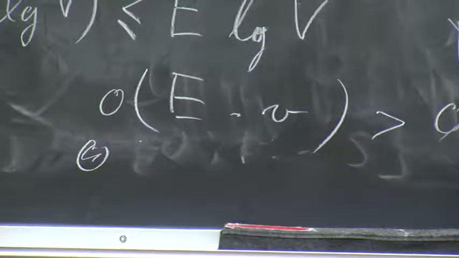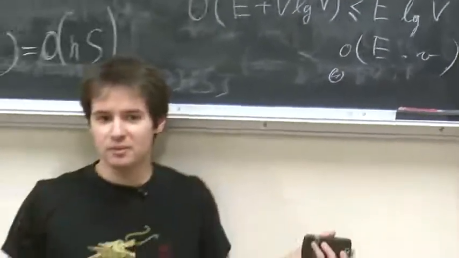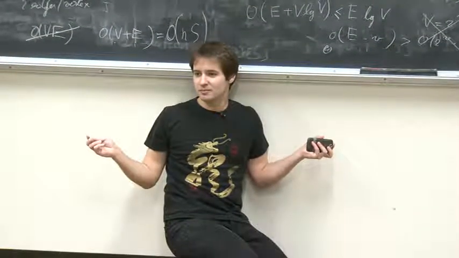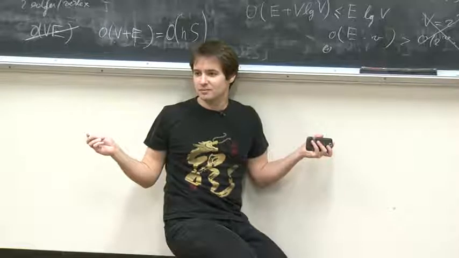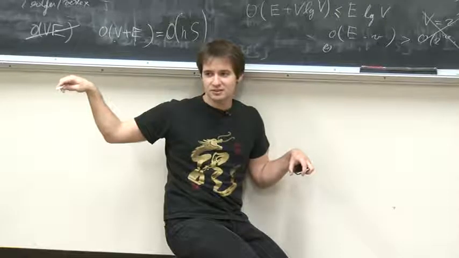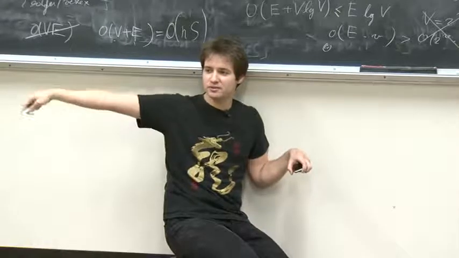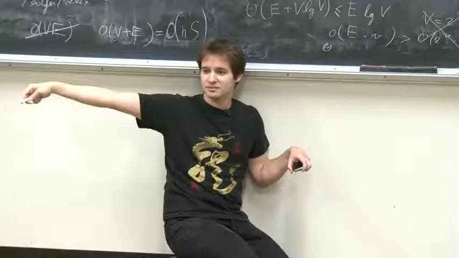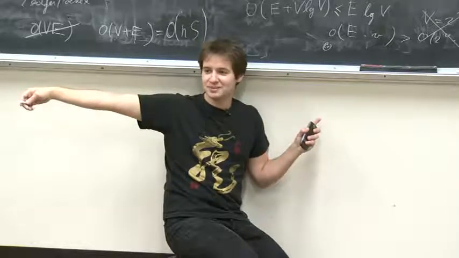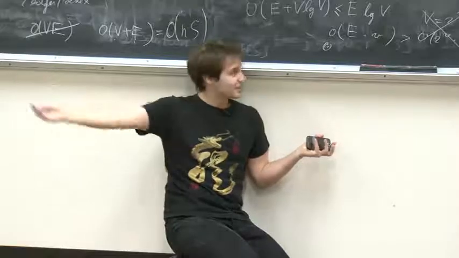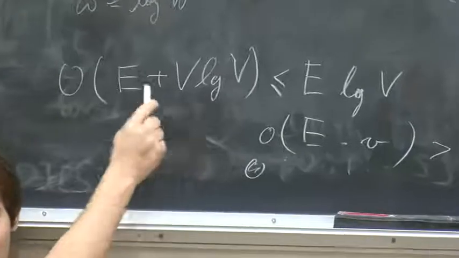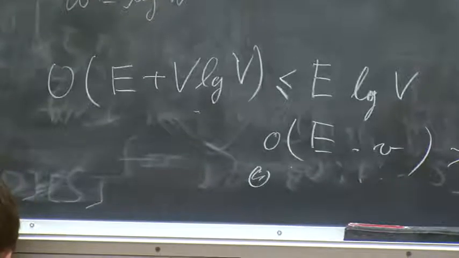What if you double the size of the weight numbers, moving from 32-bit weights to 64-bit weights? Well, that's still a constant factor, right? So what happens to the running time? Nothing. W does not show up in Dijkstra. That's right. If it did, we'd be in trouble. It wouldn't be polynomial anymore.